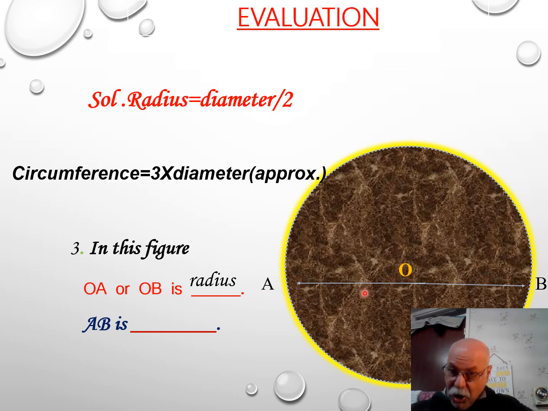OA, or OB, this means radius. Just this. OA and OB are called in the circle the radius. AB is called the diameter.